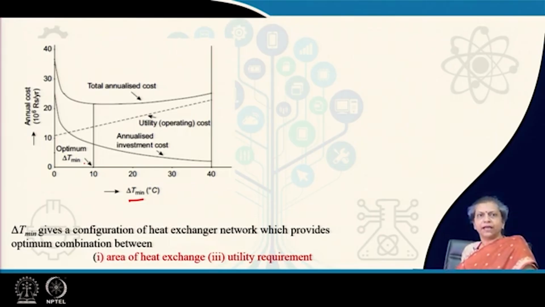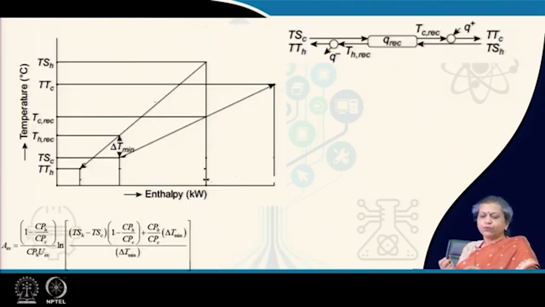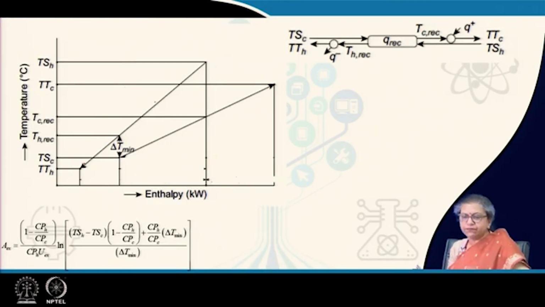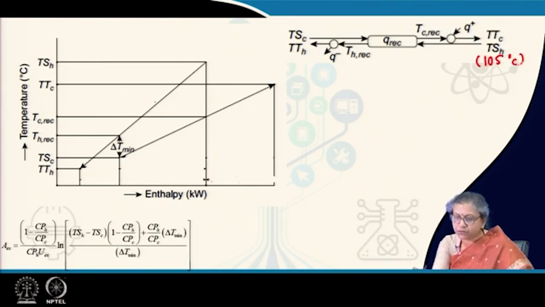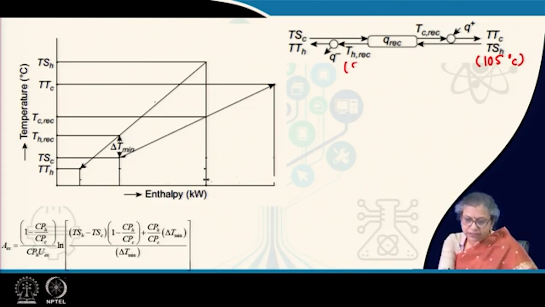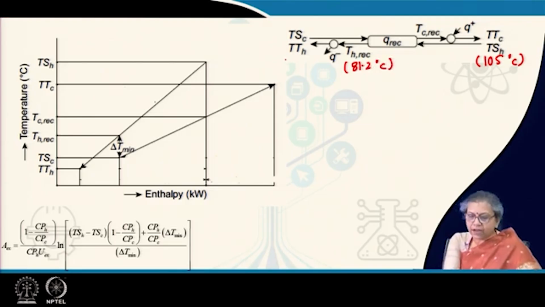So for this optimization, the single most important parameter which has to be considered is the delta T min. And in the last problem, we had taken delta T min as 10 degree centigrade, and this is the two stream problem. For our case, we had taken the hot stream, the bottoms product, at 105 degree centigrade. After heat recovery, it was 81.2 degree centigrade, and then the target temperature was 40 degree centigrade.